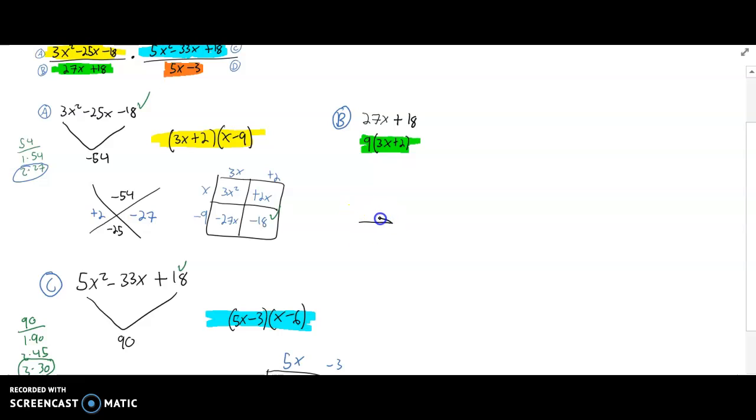We'll do that over here. So I've got 3x plus 2, x minus 9, over 9 times 3x plus 2.